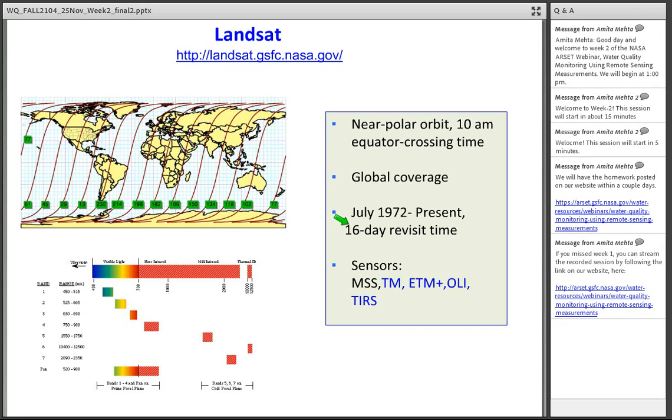So the revisit time, that means the same piece of Earth observed by Landsat, is about 16 days. There is global coverage otherwise from pole to pole. And here the bands are shown, from the visible all the way to, these are the bands that are used by TM, ETM, and OLI.